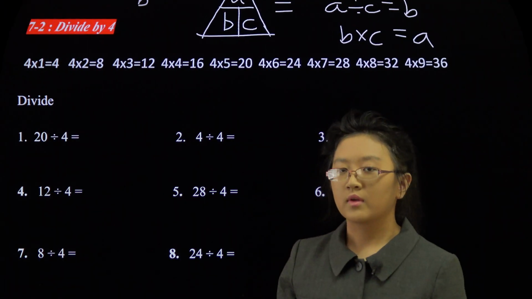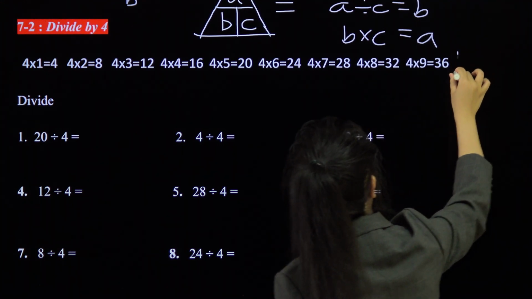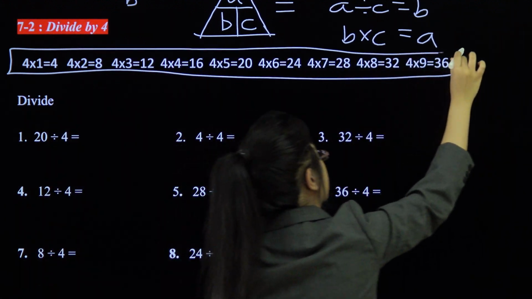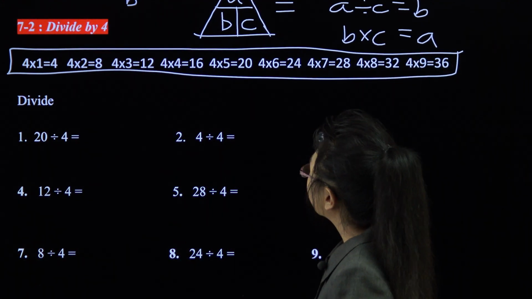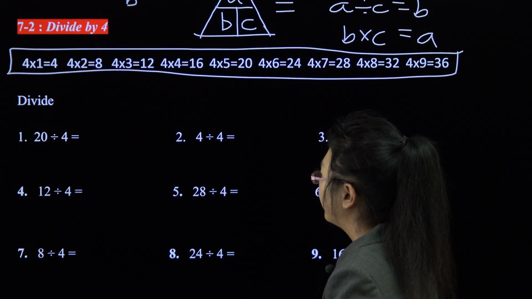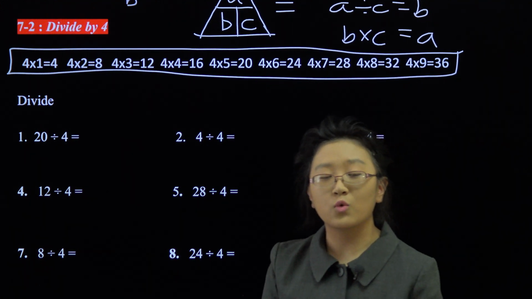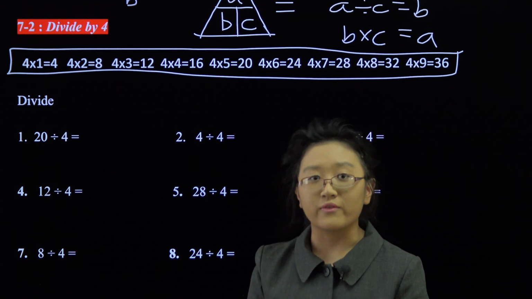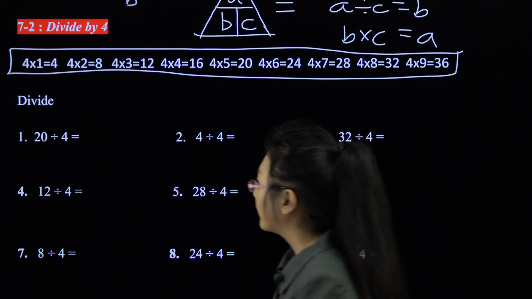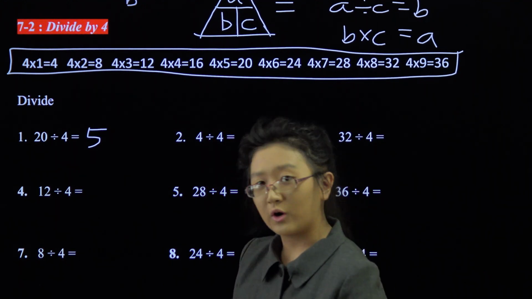Now moving on to division by 4. Now here's the 4 part of the times table or multiplication table, whatever you want to call it. And that's all that we need, at least for now. 20 divided by 4. 4 times what equals 20? 4 times 5 equals 20. 20 divided by 4 equals 5. 4 divided by 4.